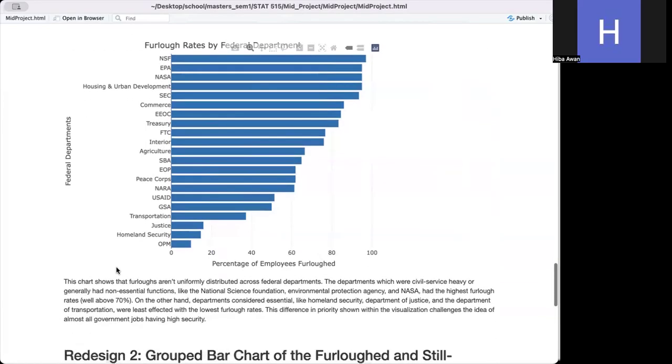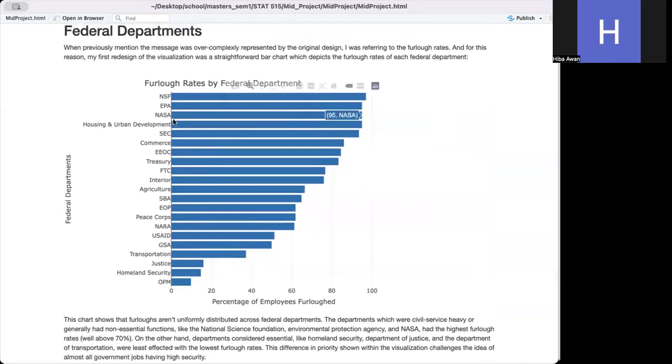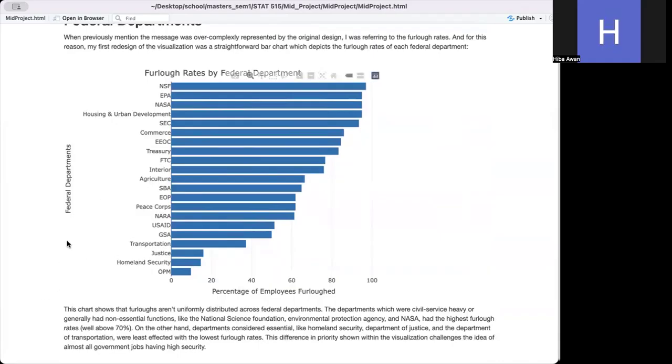Overall, the conclusion I got when looking at which departments had higher rates of furloughed employees is that it's an assumption that almost every government job is very stable, and the chance of being laid off, though furloughing isn't necessarily laying off, is very low, but the security of the job isn't as much as you would expect. There's definitely some departments that have a higher priority.